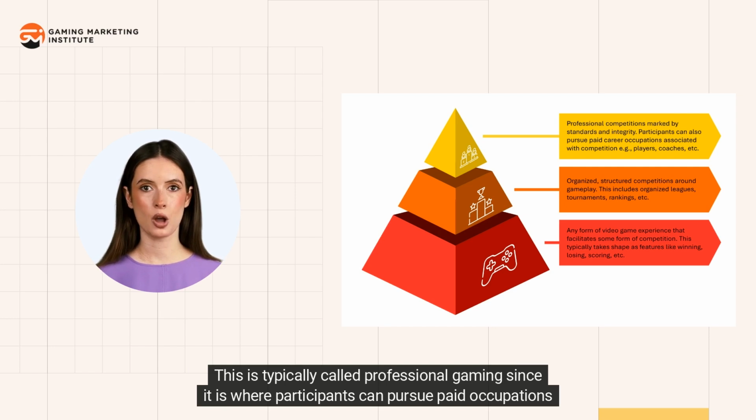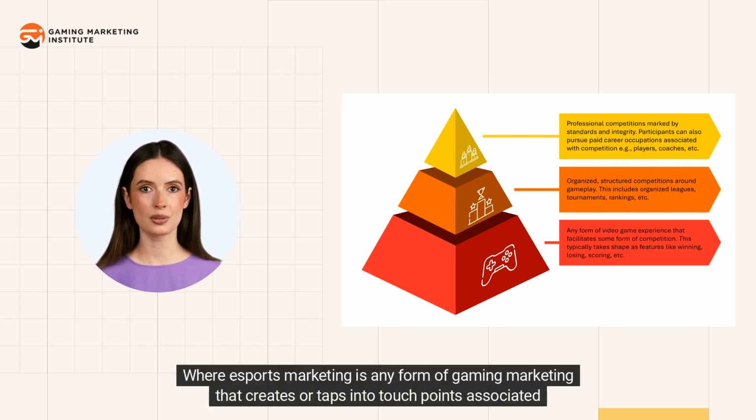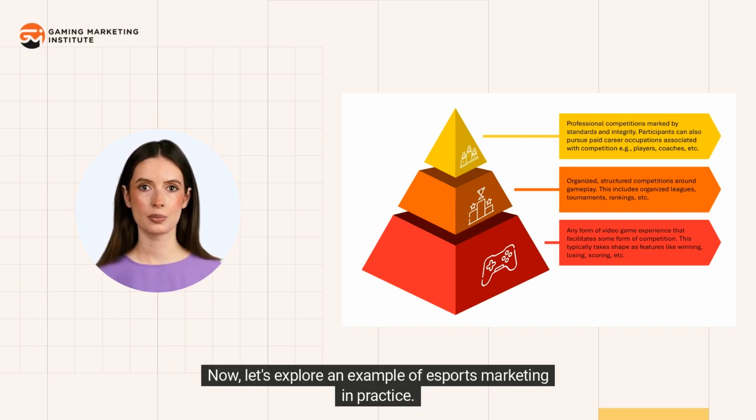This is typically called professional gaming since it is where participants can pursue paid occupations associated with competition. Esports marketing is any form of gaming marketing that creates or taps into touch points associated with any of those three pyramid layers. Now let's explore an example of esports marketing in practice.